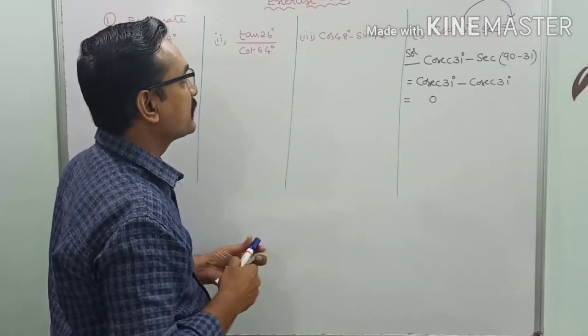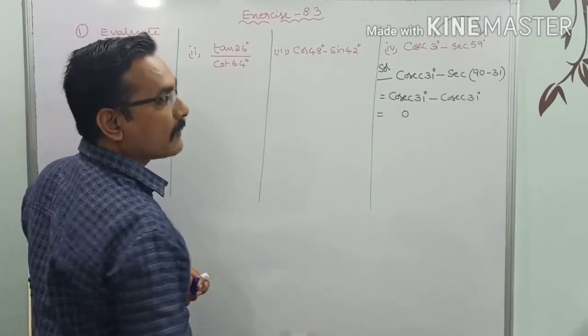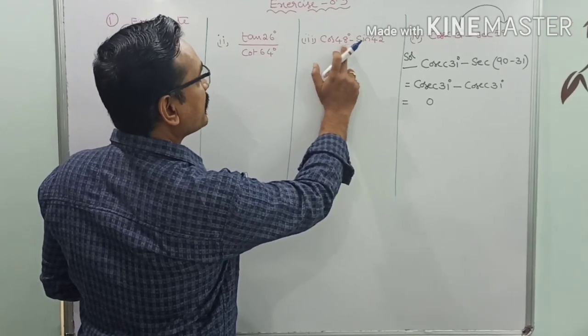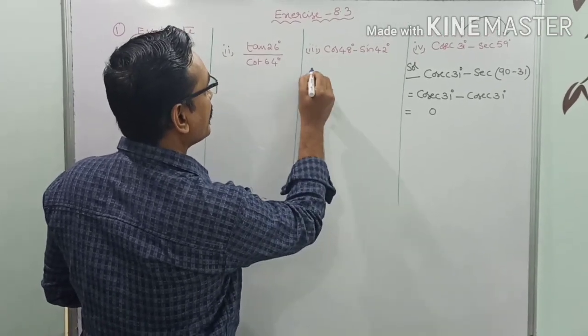Coming to question number 2, 48 plus 42 equals 90 degrees. So either the first angle or the second angle we can convert in terms of the complementary angle.